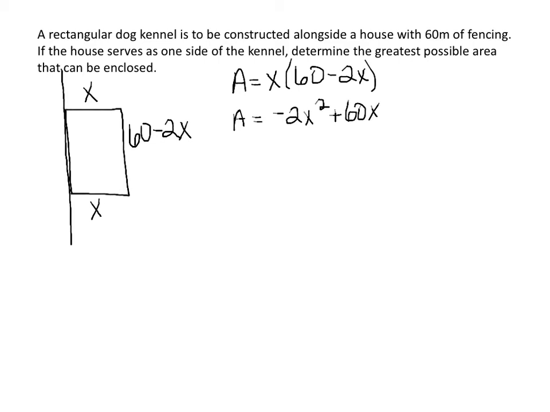The maximum, you probably don't remember like you're supposed to. The maximum occurs at negative b over 2a. That's going to be the x coordinate of the maximum. So that's going to be equal to your h coordinate. So we would say h is equal to negative 60 over 2 times negative 2.